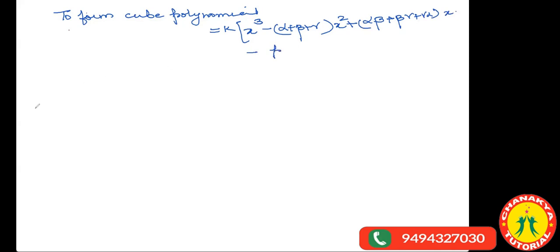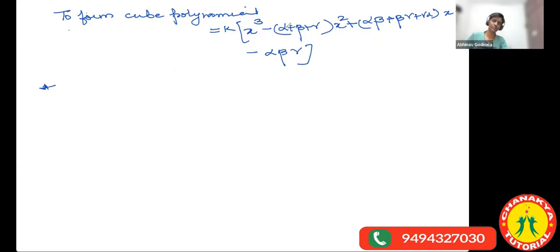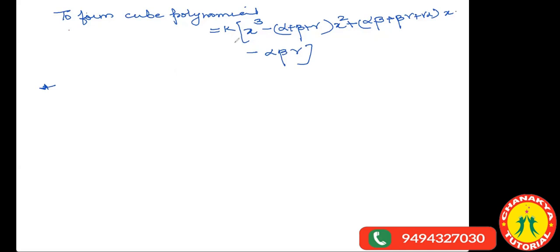Product means alpha beta gamma. You will write here alpha beta gamma. Clear, beta? Where k is any non-zero real number. Your k will be a non-zero real number. Clear?